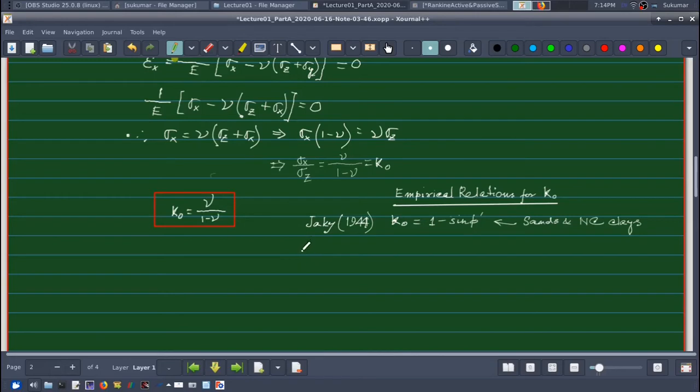Then there is another relation by Brooker and Ireland, and this was from 1965.